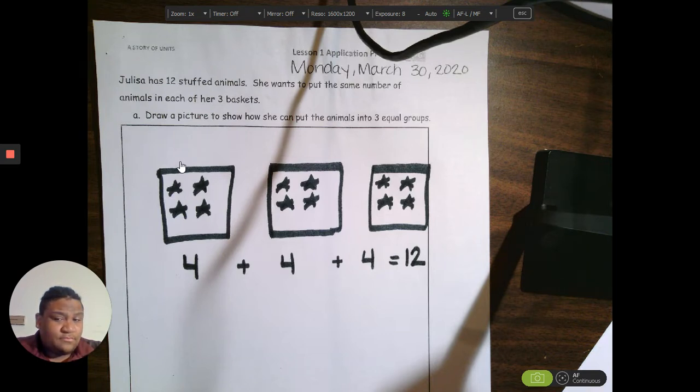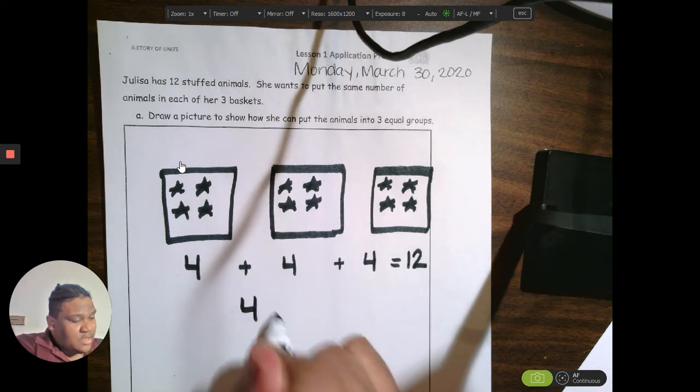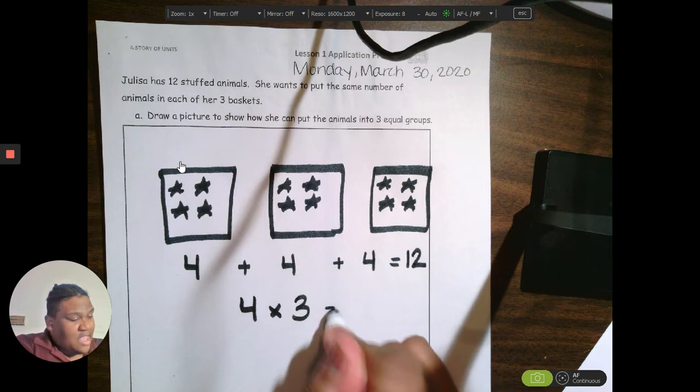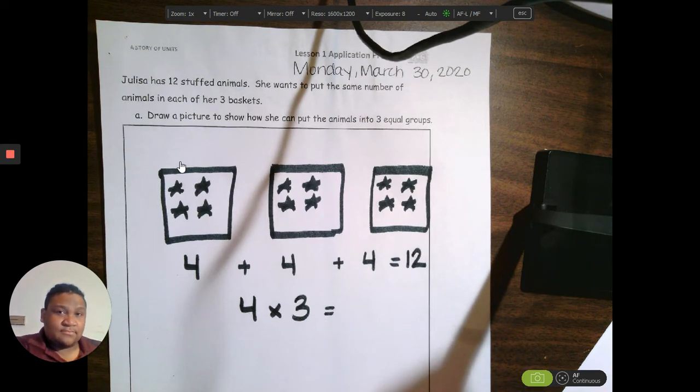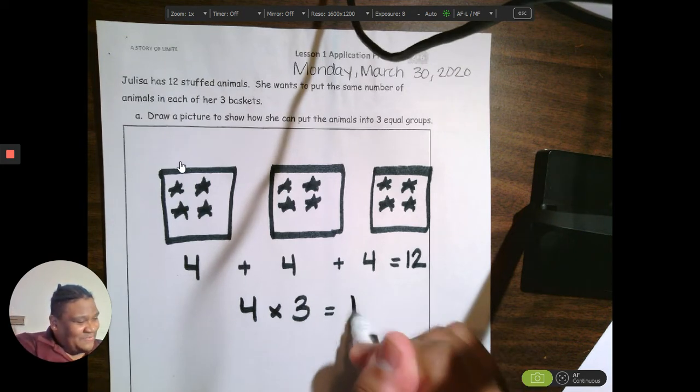But how can I relate that to multiplication? Well, I added 4 three times. So a simple multiplication equation that I could create was 4 times 3 equals what? 12! 4 times 3 equals 12.